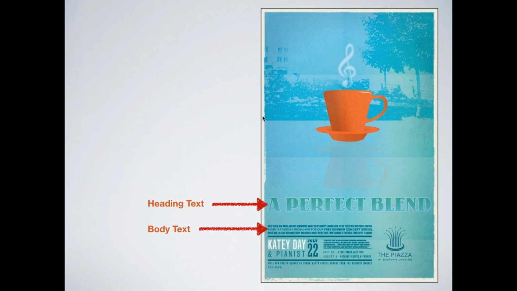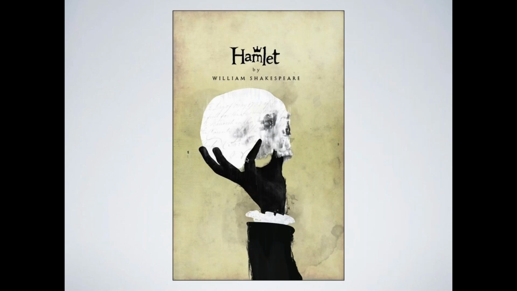The ideas remain the same. Your heading text should be very distinct, very prominent, and have a lot of personality, while your body text, the details, should be very clear and readable and legible.